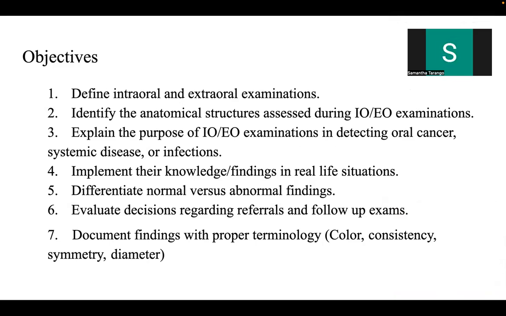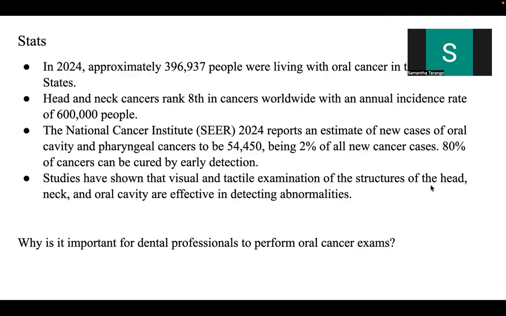We're going to implement this knowledge and findings in real life situations. We're going to differentiate between normal versus abnormal findings, evaluate decisions regarding referrals and follow-up exams, and document findings with proper terminology.